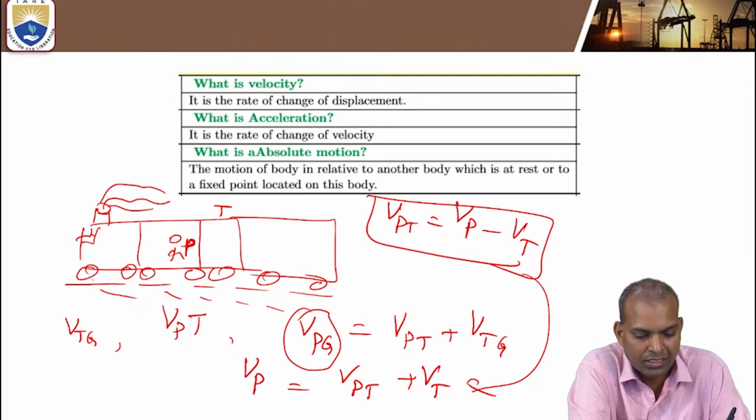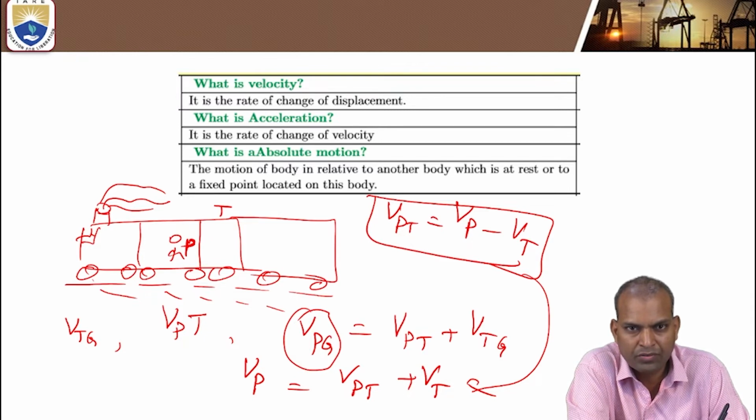While drawing the velocity or acceleration diagrams, we have to write down the velocity equations and acceleration equations. Then, from those diagrams, we write down the vector equations.